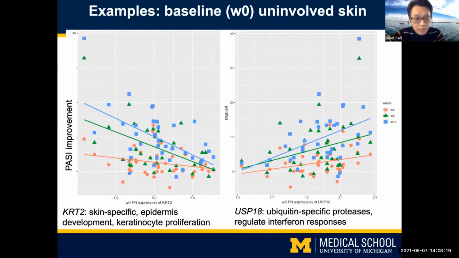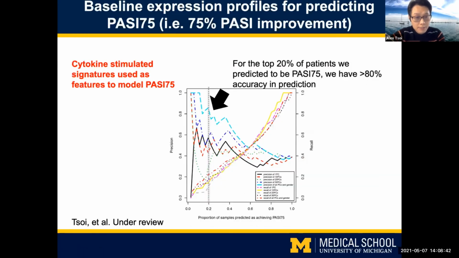For example, this is KLK2: if you see a low expression for this gene at baseline, then we would expect the week 12 trials to have a high response. And the example of the ISG15 gene: if you see a high expression at baseline, we would expect a higher change in the PASI by week 12. So again, we're using this to try to assess the drug response.